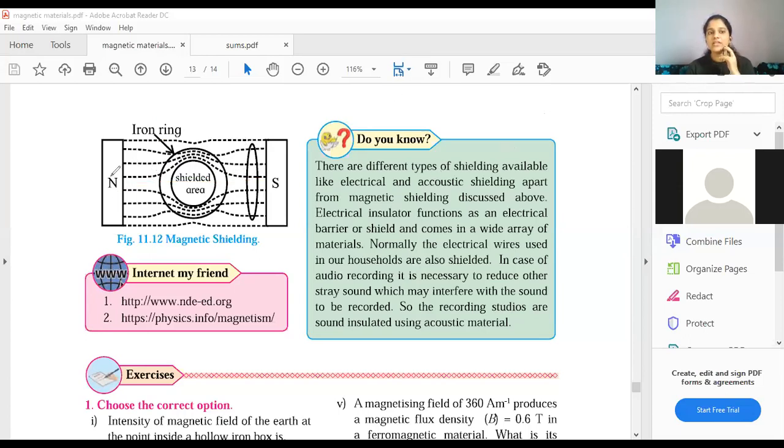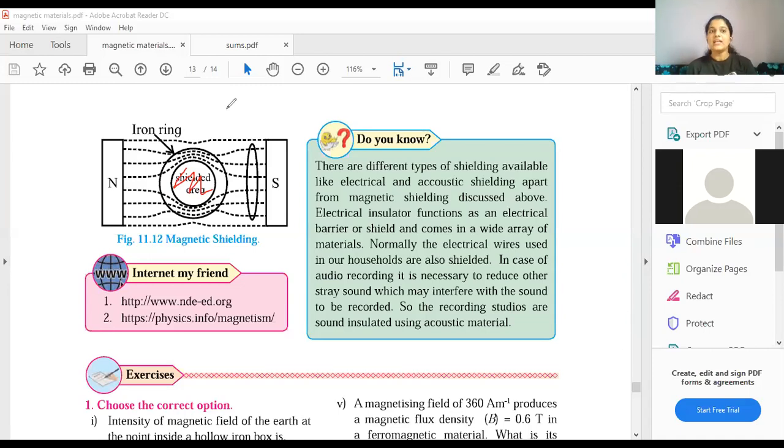Because all the magnetic lines of force are passing through the iron ring, this area is protected from the external magnetic field. So this iron ring is acting like a shield, and inside this shielded area, what we don't want affected depends on the application. But this is how we can protect a certain area by just keeping an iron ring. All the magnetic lines of force will prefer moving through the iron ring.